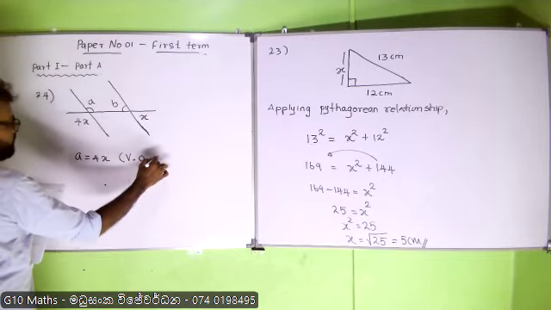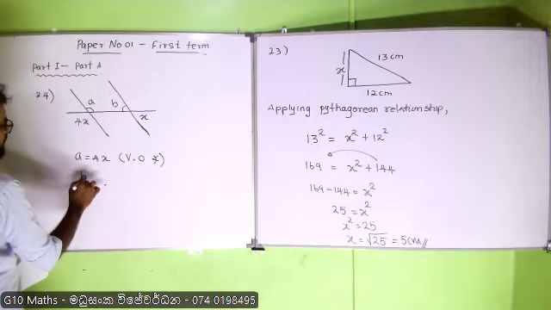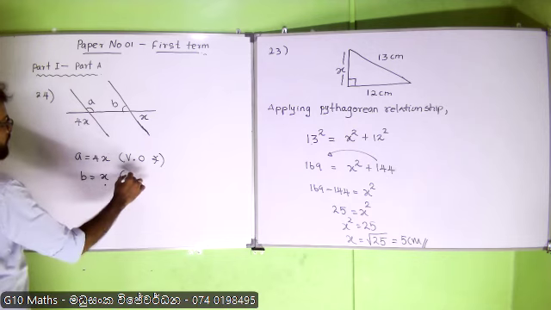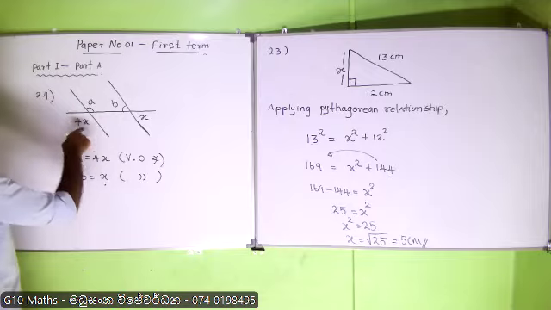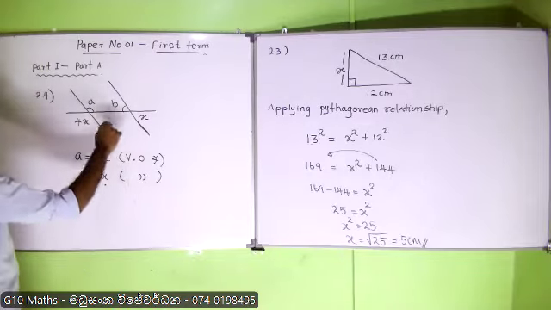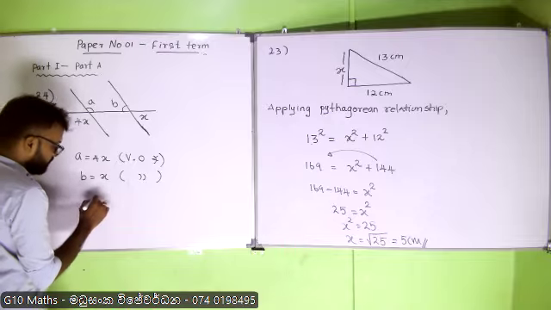vertically opposite angles, right? B equals x, again vertically opposite angles. What can you say about A plus B?